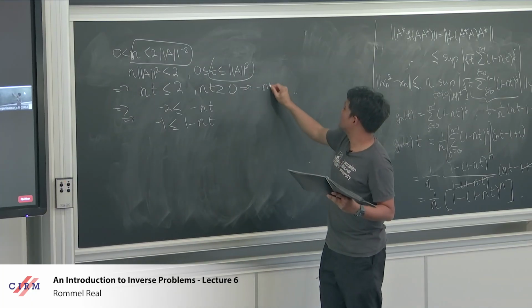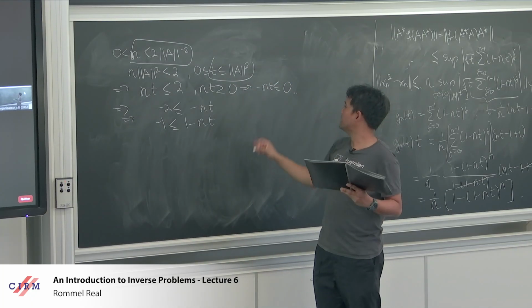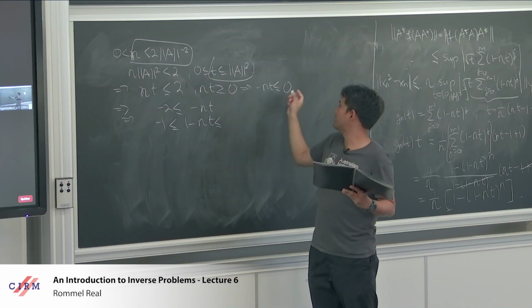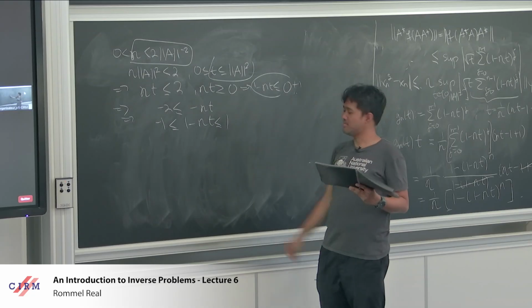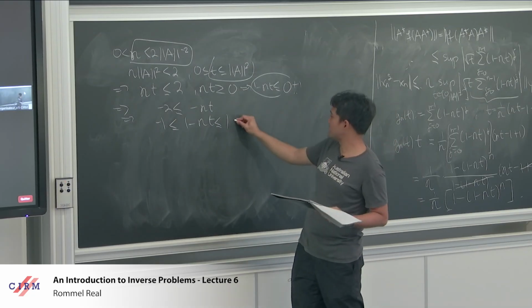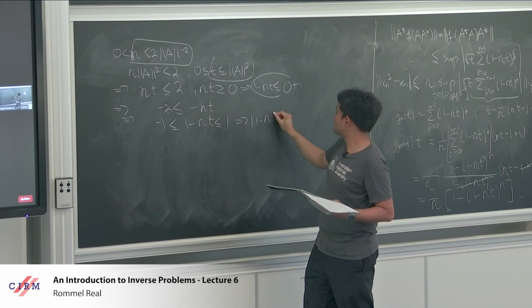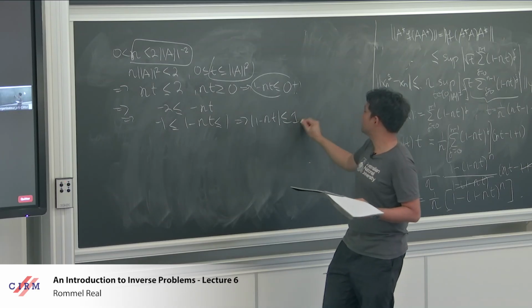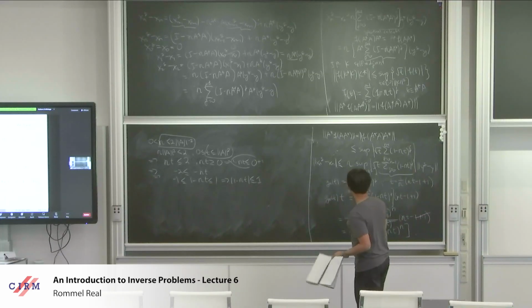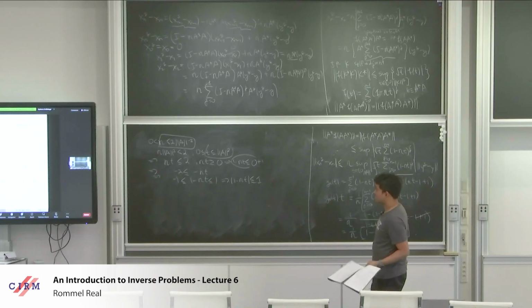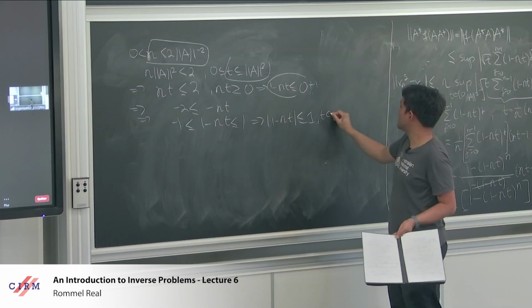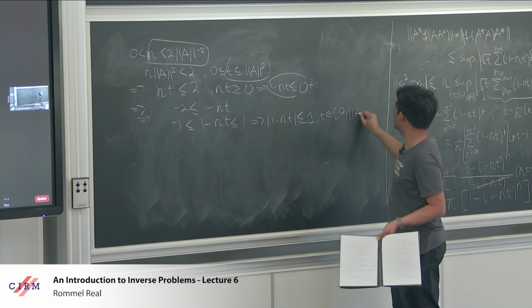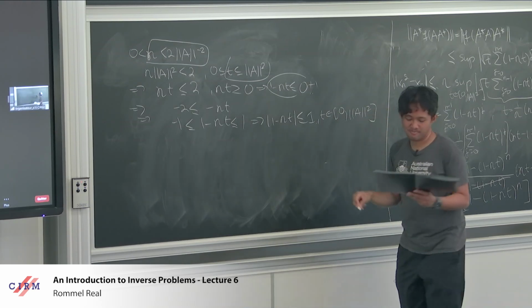Then if you add 1 here, that's equal to 1. So 1 minus eta t is less than 1, and this is true for all t from 0 to the norm of A squared.